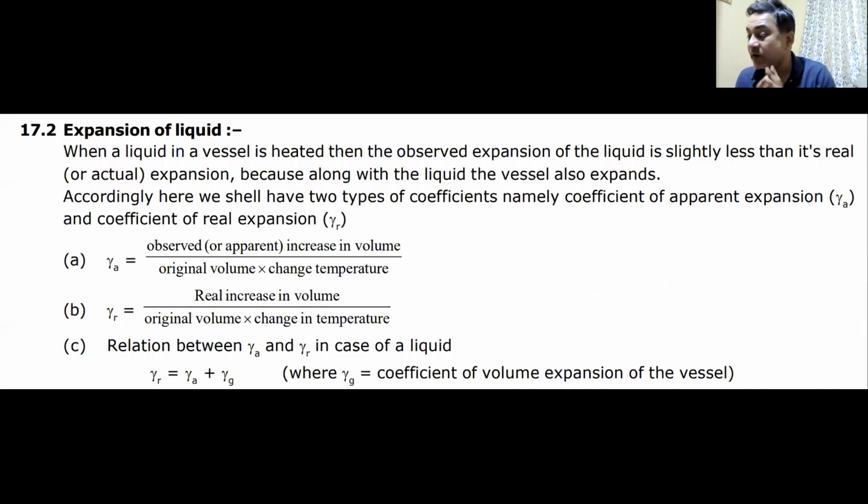Now we move on to liquids. Now for liquids, we cannot have a one-dimensional liquid or a two-dimensional liquid, and therefore liquids don't have areal or linear expansion. They only have volume expansion. Do we understand this?